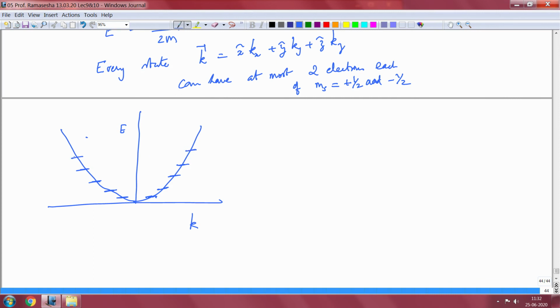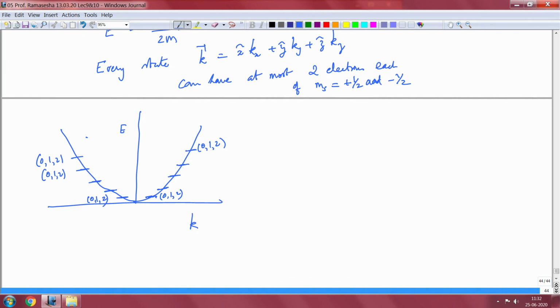Each level that I am looking at can have occupancy 0, 1 or 2, and it can never exceed that.